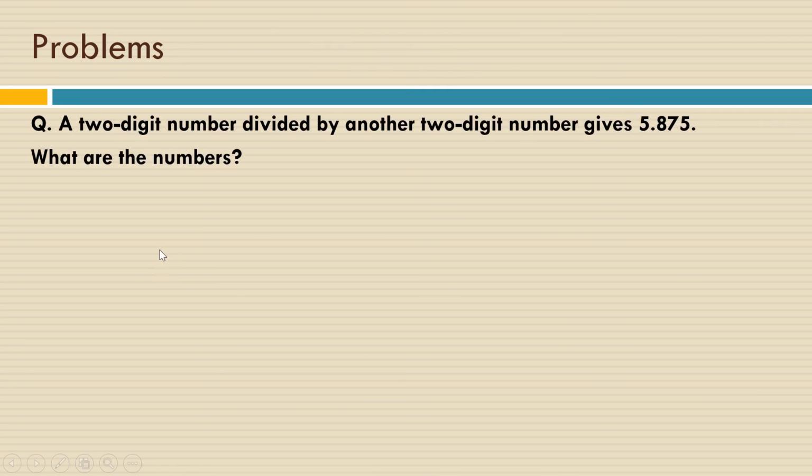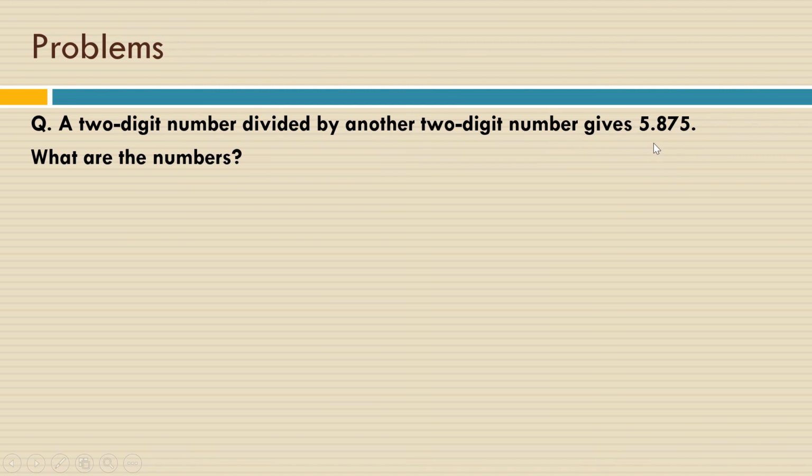Next problem: a 2-digit number divided by another 2-digit number gives 5.875. What are the numbers? In the question, 5.875 is a decimal number.